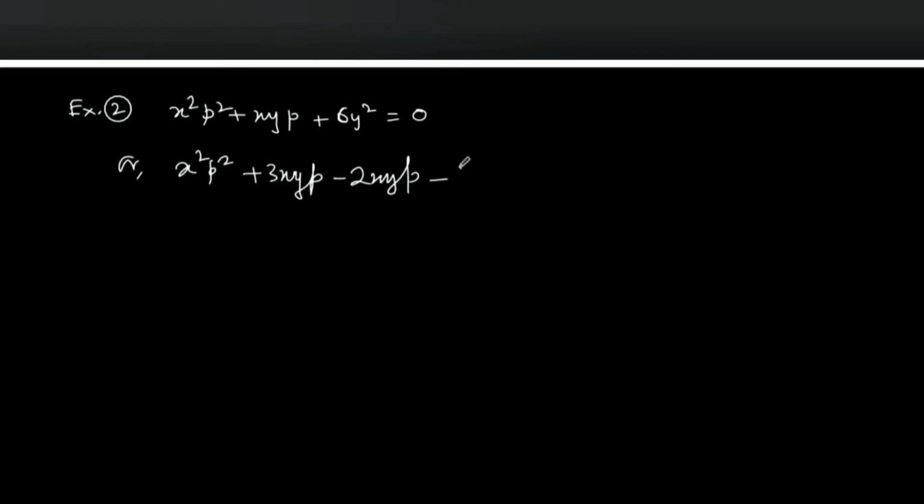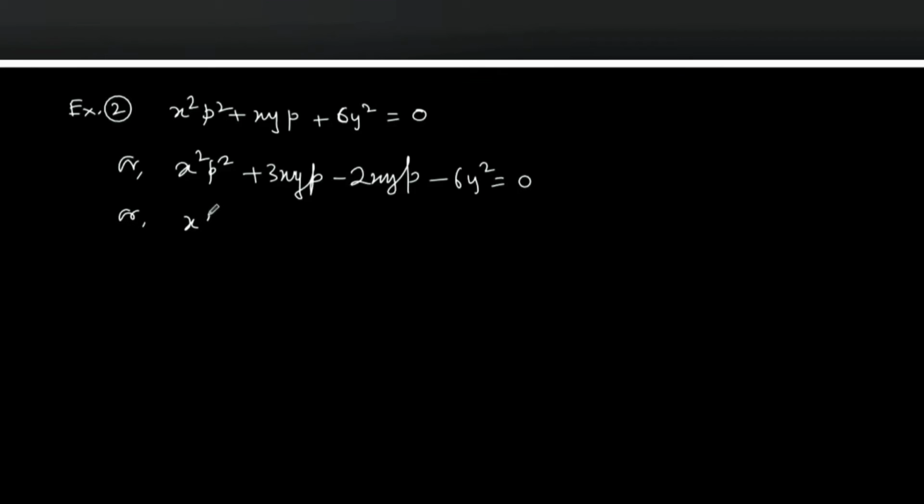Second example, x^2 p^2 plus xyp minus 6y^2 equals 0. See, this is a quadratic equation in p, so we can solve easily, or we can write this as x^2 p^2 plus 3xyp minus 2xyp minus 6y^2 equals 0, factoring the middle term.